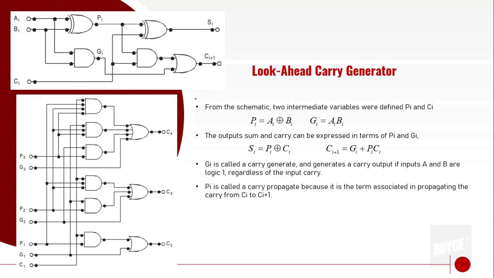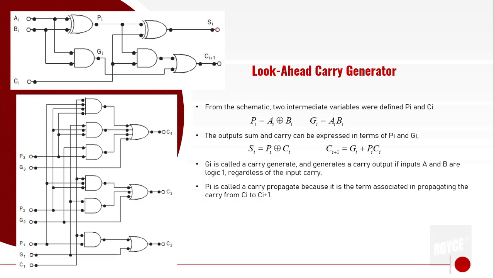Now, we're gonna draw our attention to these outputs: output of the XOR gate and output of the AND gate. We call these intermediate variables para madali na lang. Now, P sub I is A sub I XOR B sub I. And G sub I is A sub I AND B sub I. The output sum and carry can be expressed in terms of these intermediate variables.